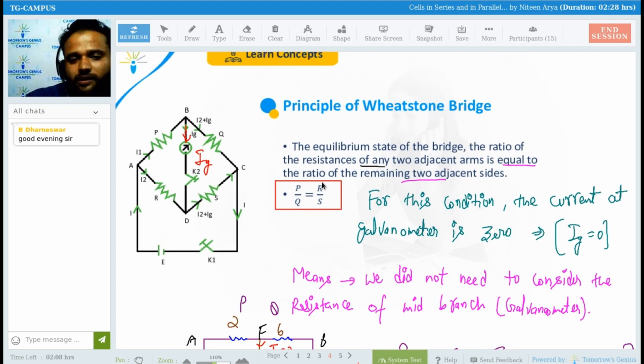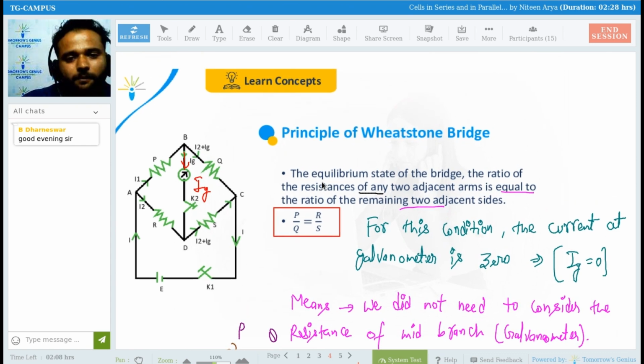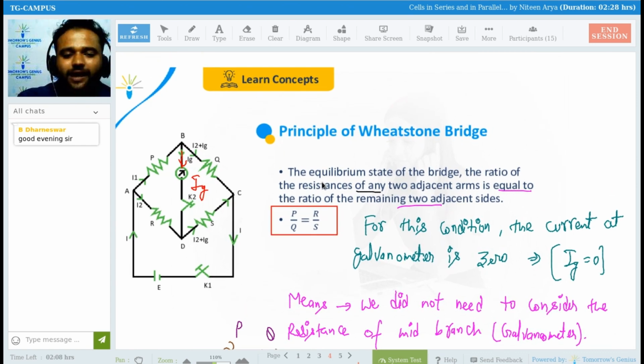But in every subtopic related to the Wheatstone bridge, either you are going to use this equilibrium condition to find the net resistance of a complex circuit or branch, or you are going to use the equilibrium state of a Wheatstone bridge in the meter bridge. In both ways, this simple ratio is very important. Is this clear, everyone?